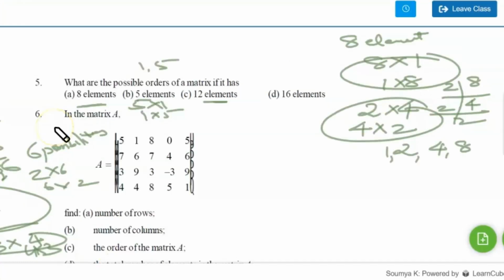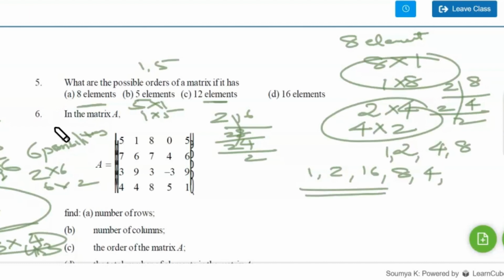16. So first find the factors for 16. Okay. So 1, 2, 16 are available. With that you have got 8, 4. See, 2 into 2 is 4. Okay. Then 2 into 2 into 2 is 8. These are the possibilities.